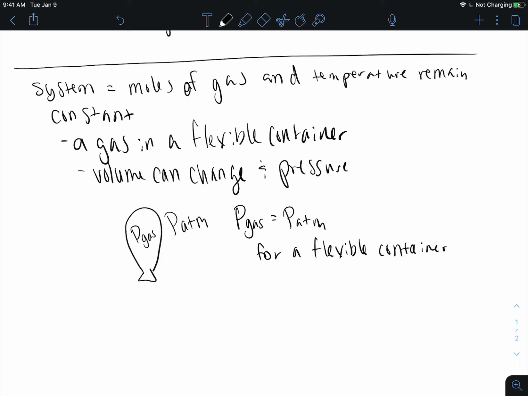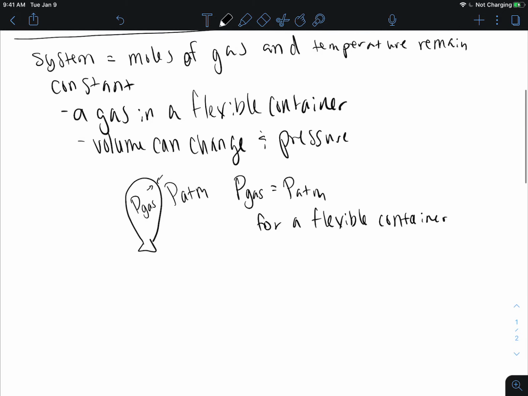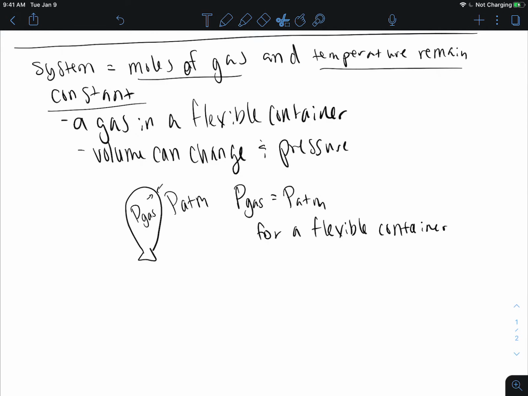If the pressure inside the gas was greater, it would push and expand out. If the pressure outside, the atmospheric pressure, was greater, then it would compress the balloon. So we've got an equal pressure on both sides. Okay. So what we're looking at here are our two other variables, pressure and volume.